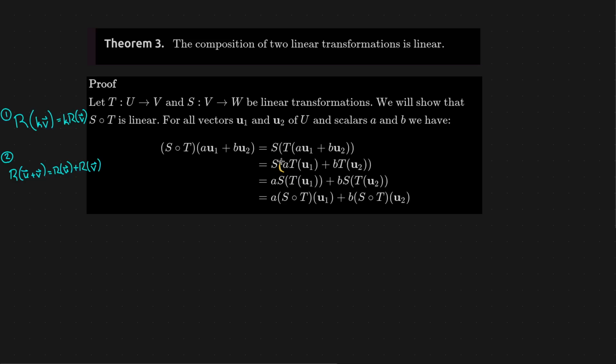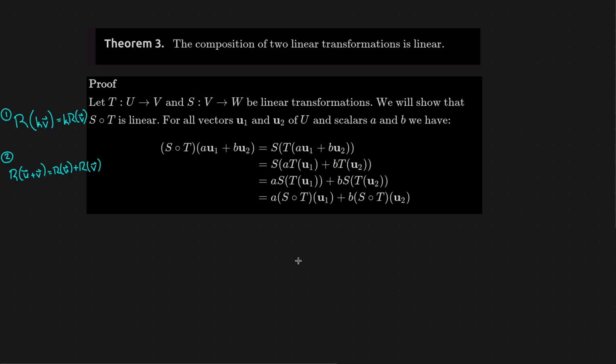And for a linear transformation, just focusing on the inside here, we know that we can split the transformation up over the addition and then pull out the scalars from the transformation. Now we have S, and inside it we are plugging in A times one vector, whatever the transformation of U1 is, plus B, some constant, times another vector, the transformation of U2.